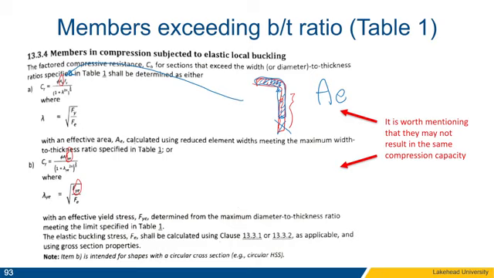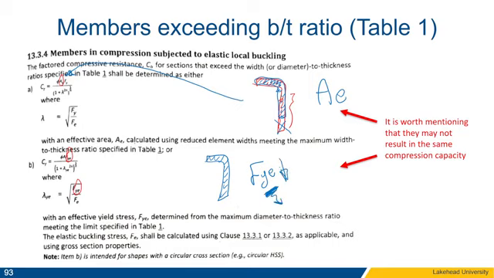Or we say, you know what, we will exhibit local buckling if we reach the maximum yielding capacity. So alternatively, I will use the entire section, even with this additional part. But instead of going to the entire F yield, I will not reach the entire F yield. I will reach a lower part of it.